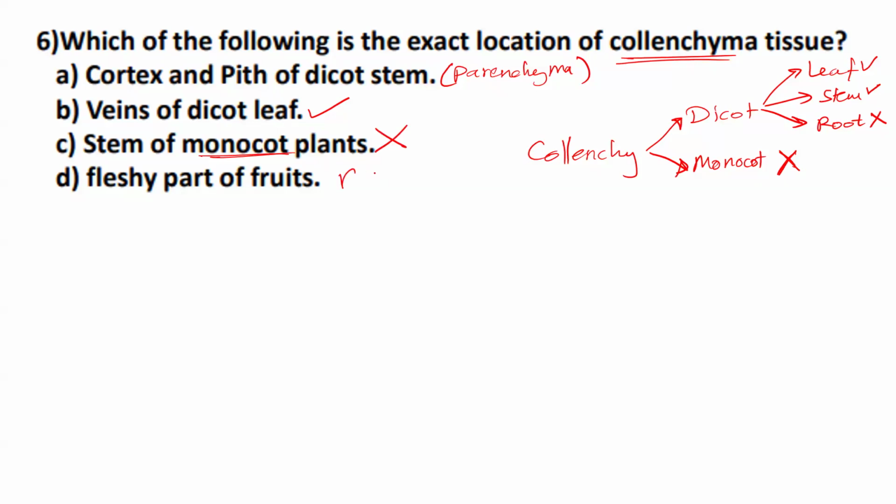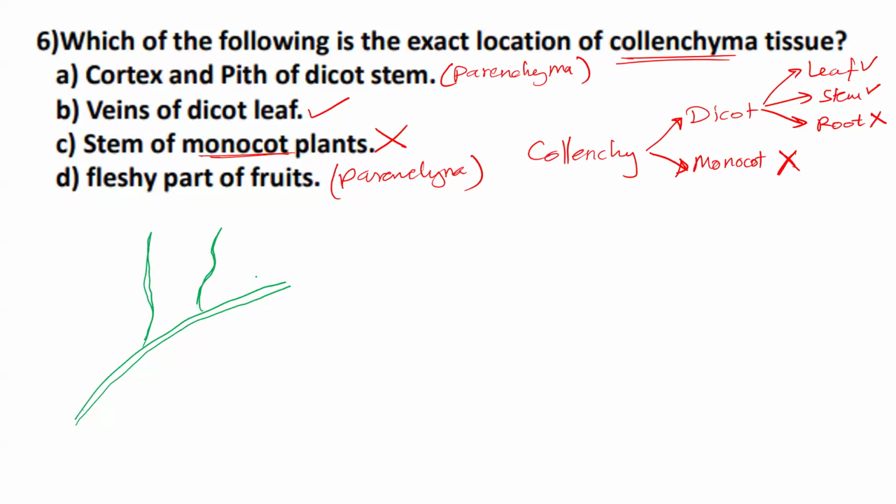Fleshy part of the fruit is related directly to parenchyma. So B is the answer. And here we know dicot leaf and dicot stem. Which part of the leaf, which part of the stem? The leaf, the midrib, and the veins.